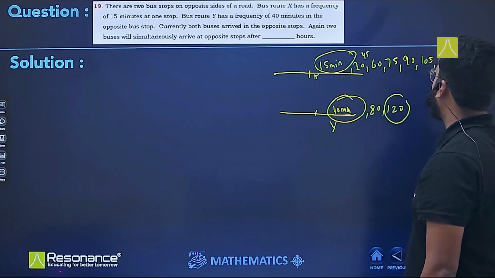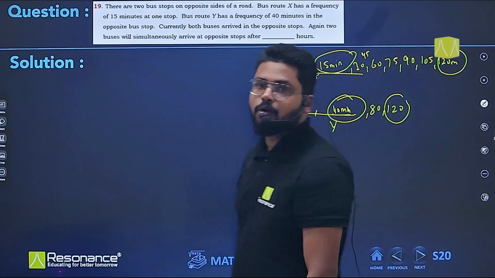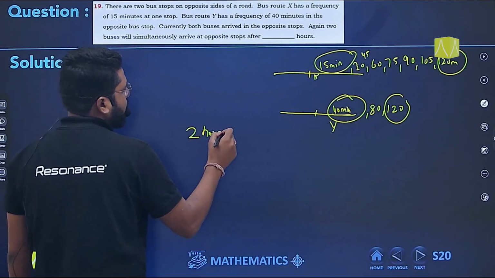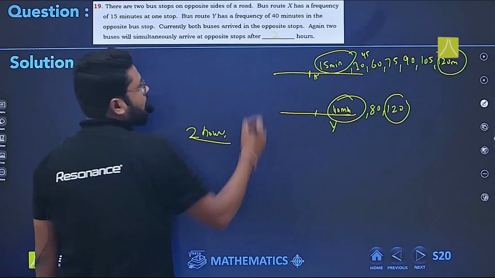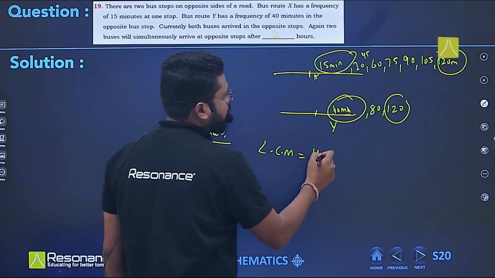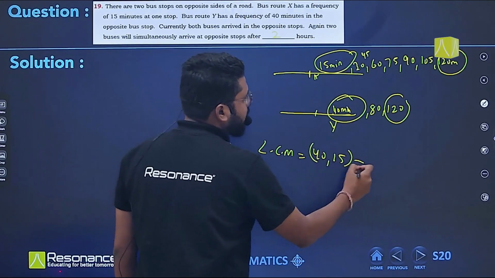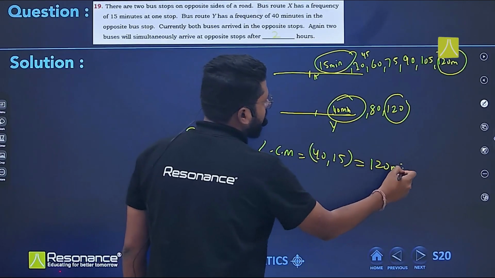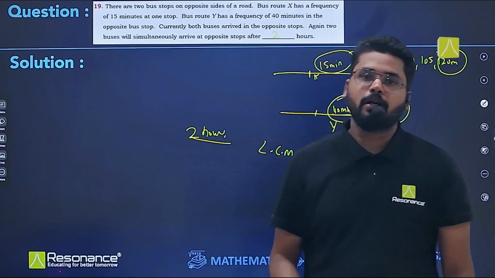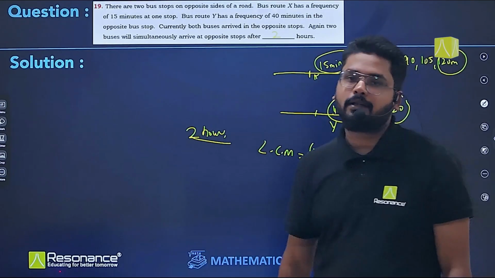So 120 is a common number. 120 minutes means 2 hours. Or one method is taking the LCM of both the numbers, 40 and 15, then you will get 120 minutes. So after 2 hours both buses will come again at opposite stops.